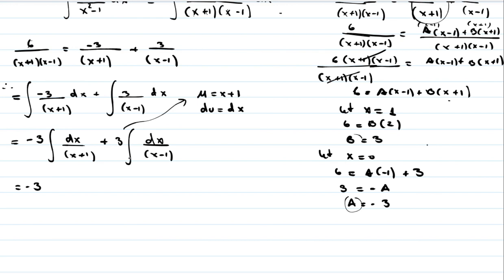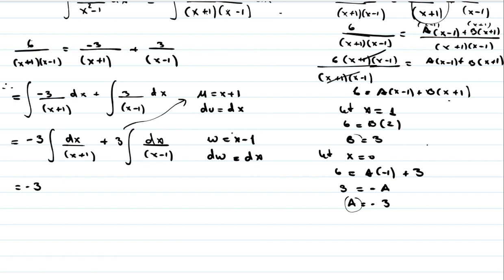Great. Because we're trying also to find all at the same time, let us take this one as u to use u du, but here also we're going to use substitution u du, but just to avoid confusion, let us call this w. So we're going to say that w is equal to x minus 1, right? Because if you say u again, we're going to have u equal to x plus 1 and u equal to x minus 1, which cannot be true. So dw is equal to what?